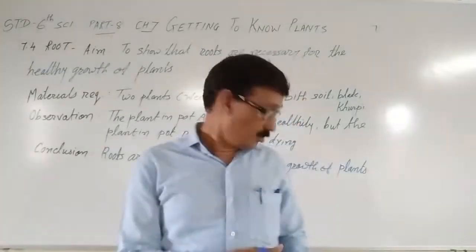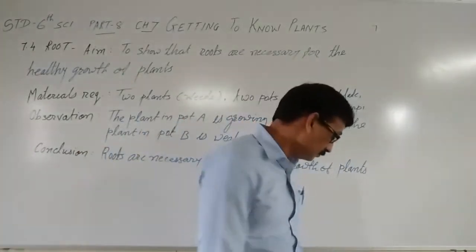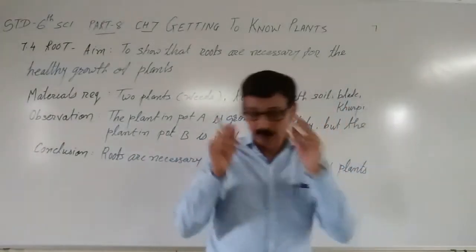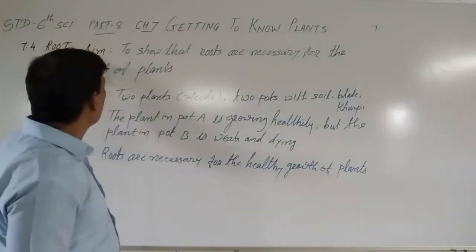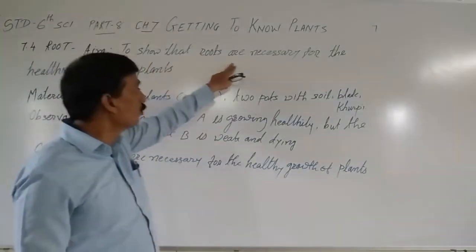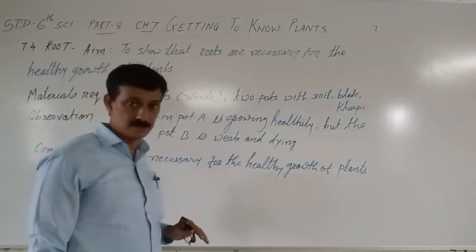Okay. Now let's try to understand this activity. I write down: what is our aim? Our aim is to show that roots are necessary for the healthy growth of plants.